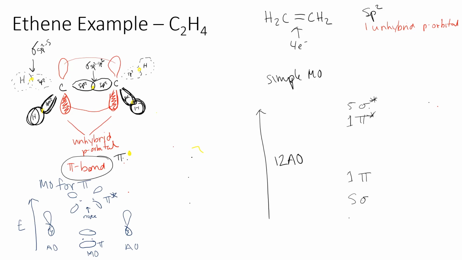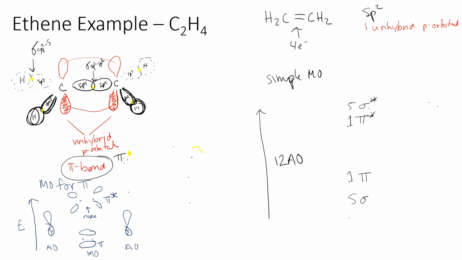So notice the orientation. If we actually look at this, we have sigma bonding molecular orbitals being lower in energy than the pi bonding molecular orbitals. But if we reverse it when we look at the anti-bonding molecular orbitals, the sigma anti-bonding molecular orbitals are typically higher in energy than the pi anti-bonding molecular orbitals.